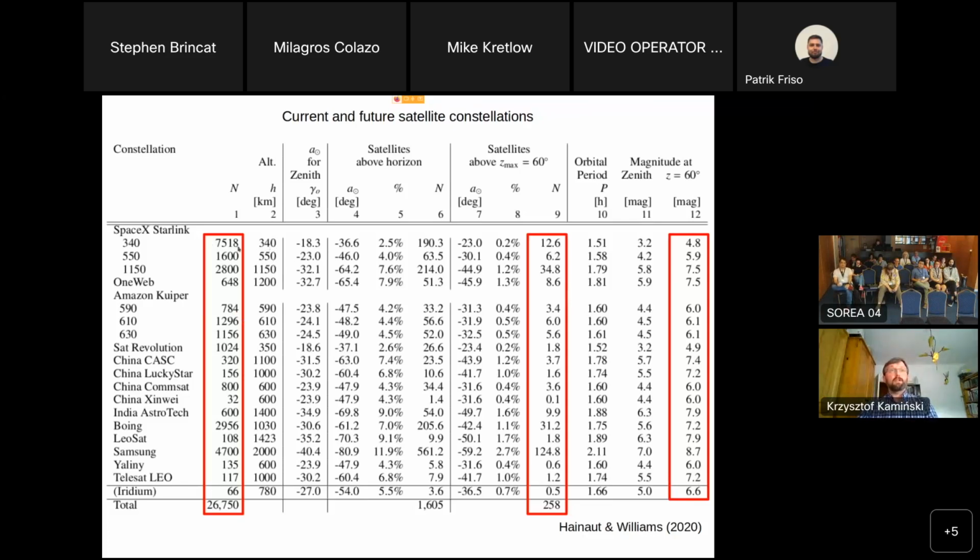For example, the first shell of Starlink satellites, which is composed of over 7,000 satellites, contributes only roughly 13 satellites visible on the sky at any given moment. But satellites on higher orbits contribute much more, and in total it's over 250 satellites visible all the time when they are not hidden in the Earth's shadow.